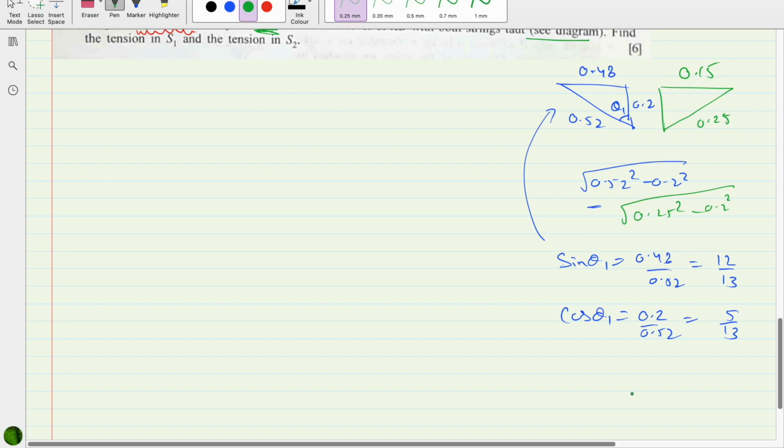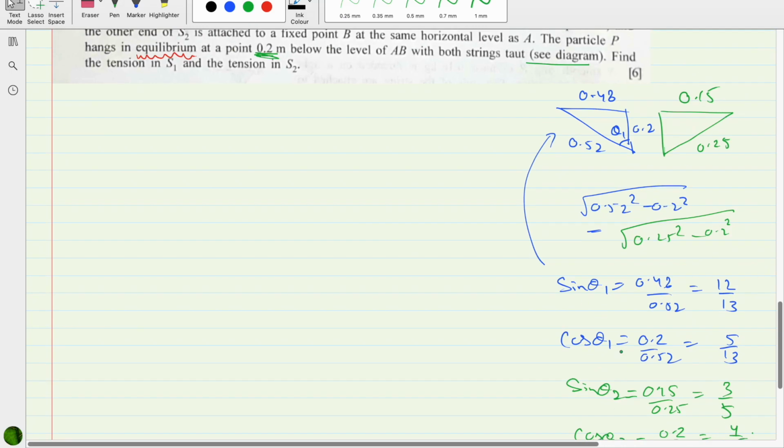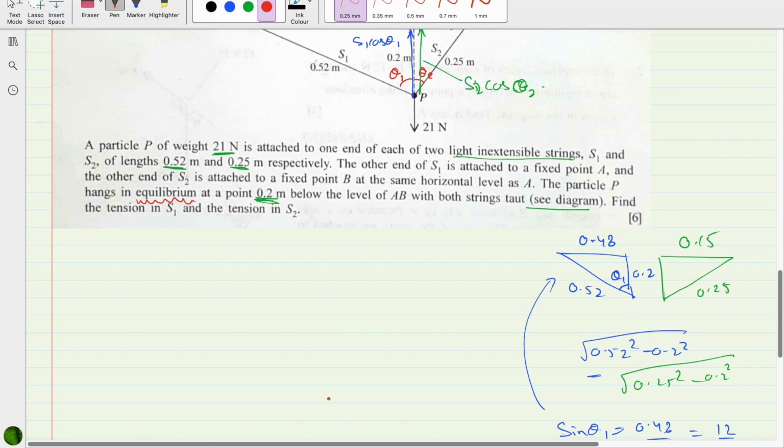For the other triangle, sine theta 2 is perpendicular over hypotenuse, which is 3 by 5, and cos of theta 2 is base over hypotenuse, which is 4 by 5. The basic purpose of doing this is to get the answer in exact form. Now we are starting: it is already in equilibrium, and we are finding the tension in S1 and S2.